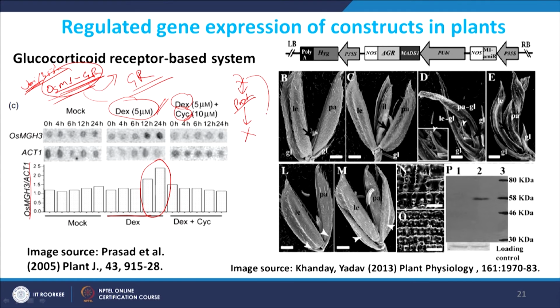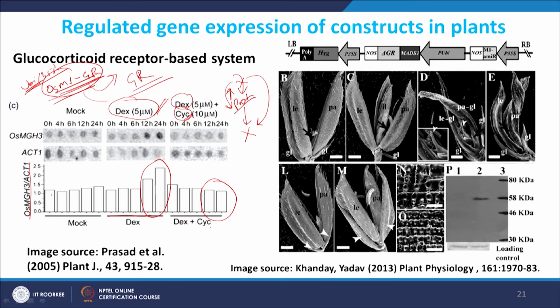So the indirect targets of MATS1 will not be activated, but direct targets will be. That is how, when we treat with dexamethasone and cycloheximide together, you cannot see the activation of OSM-GH3. This tells us that OSM-GH3 is not directly regulated by MATS1 but indirectly.